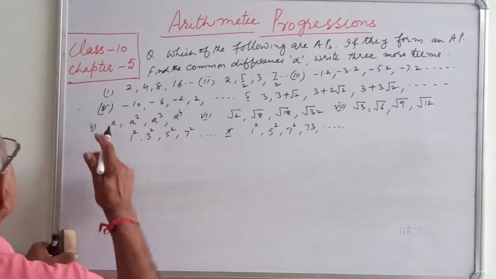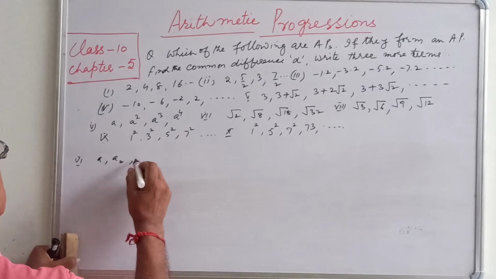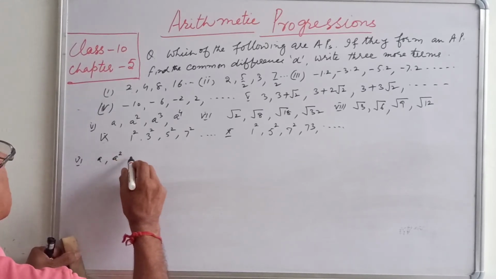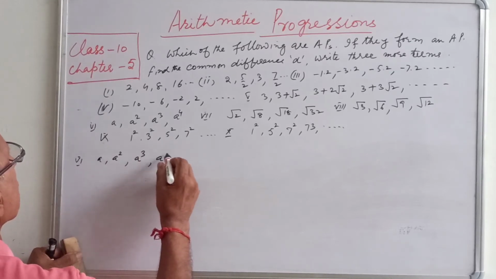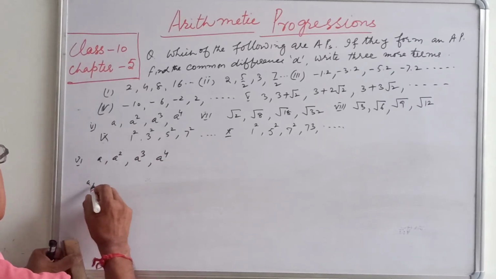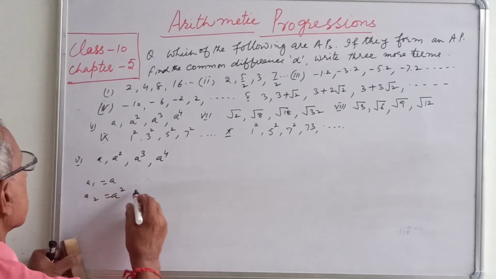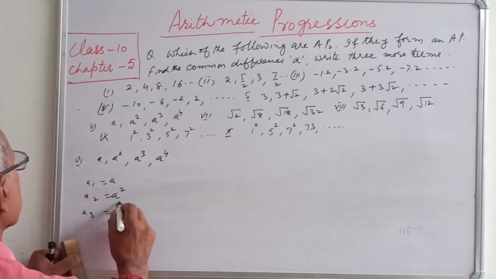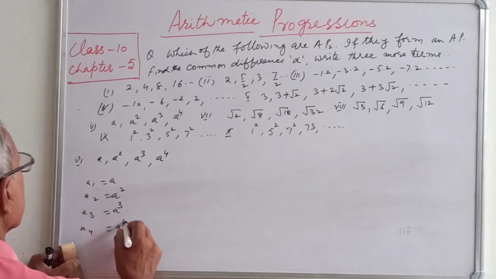Next part is A, A square, A cube, A to the power 4. So A1 is A, A2 is A square, A3 is A cube, A4 is A to the power 4.